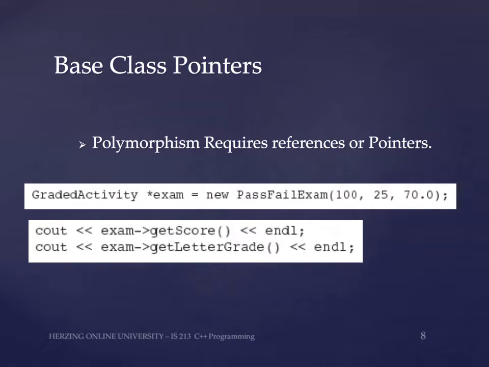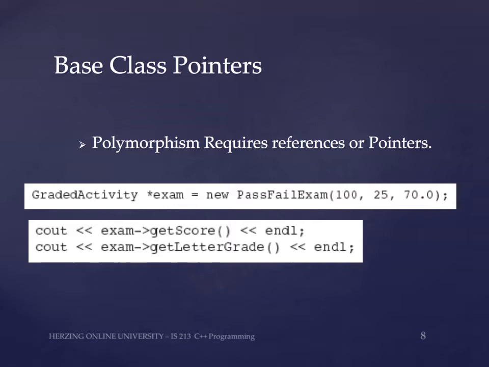Base class pointers. We mentioned on slide 2 that polymorphism requires references or pointers, where polymorphic behavior is only possible when an object is referenced by a reference variable or a pointer, as demonstrated in the display grade function. So with base class pointers, you can define a pointer to a base class object and assign it the address of a derived class object.